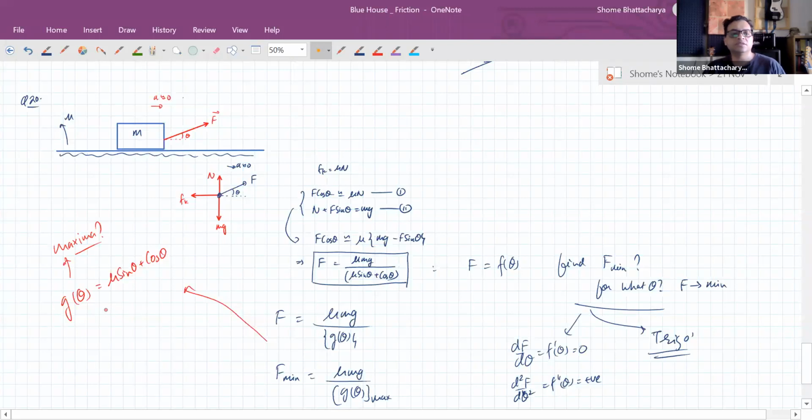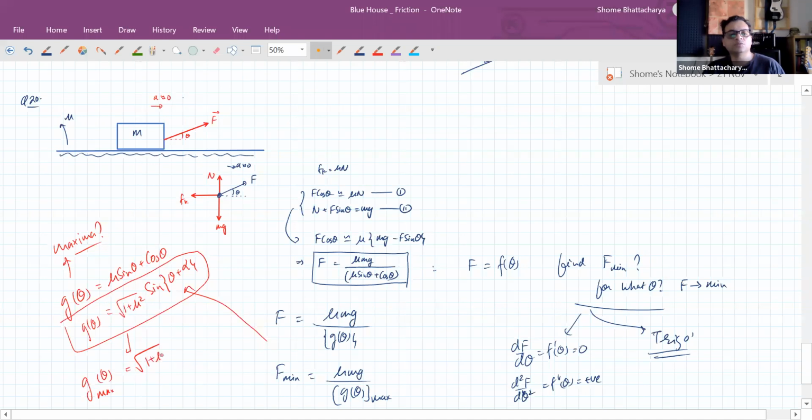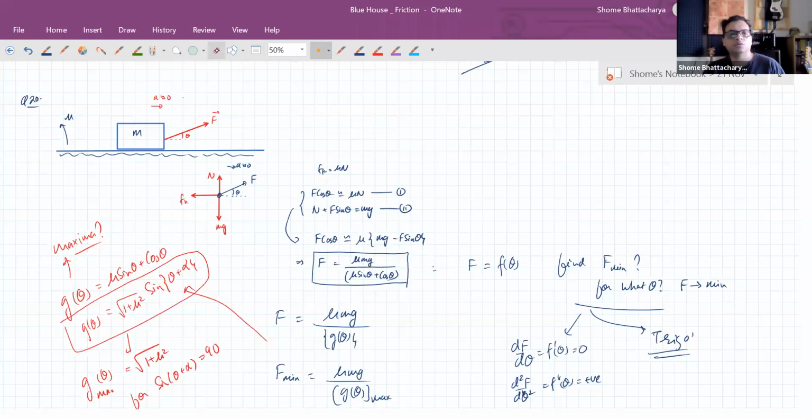That is very easy because of the trick I just told you, you can write this as this. So you can see that this function's maximum is square root of 1 plus mu squared, and it is for sin of (theta plus alpha) to be 1.